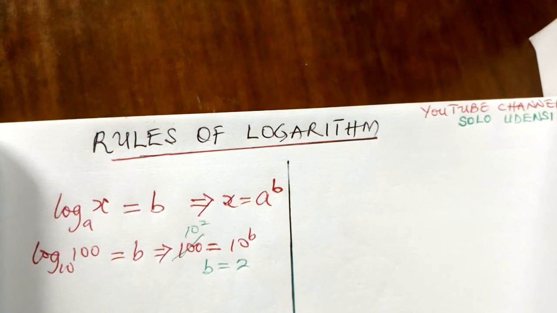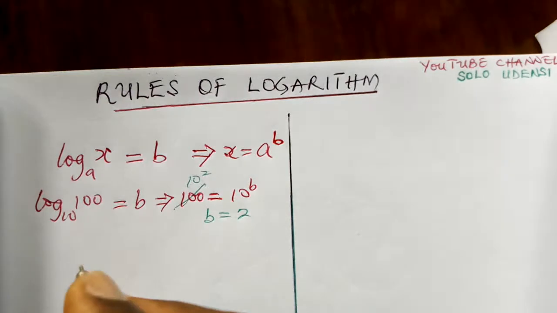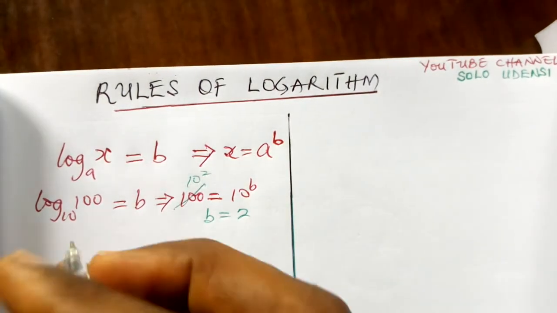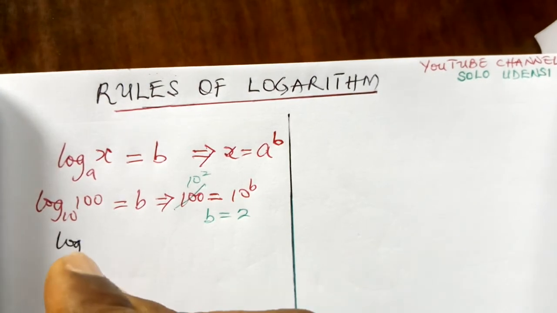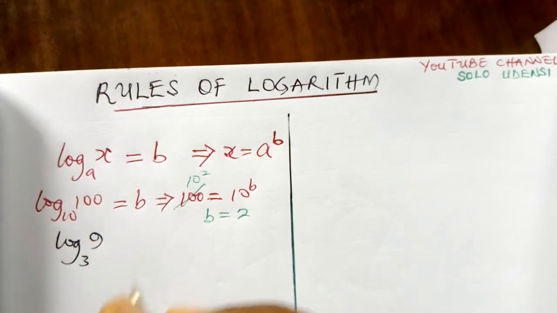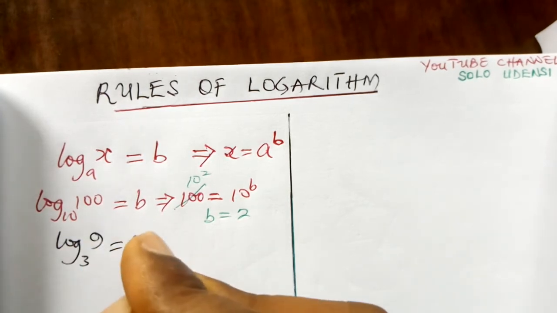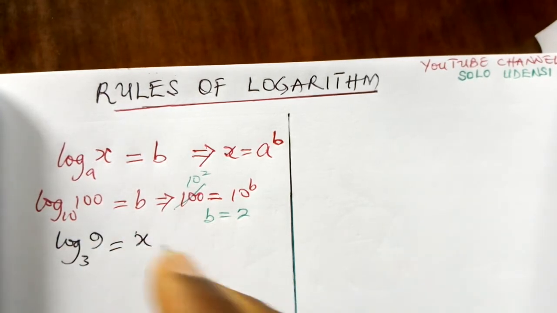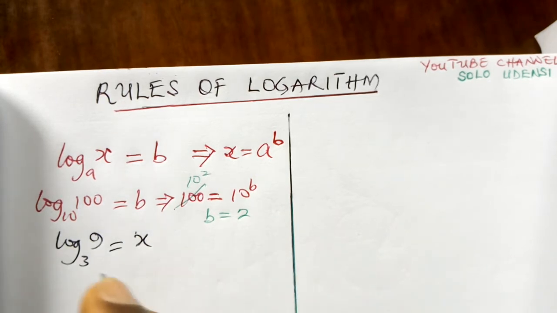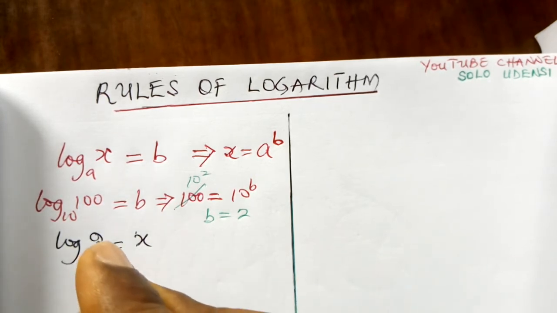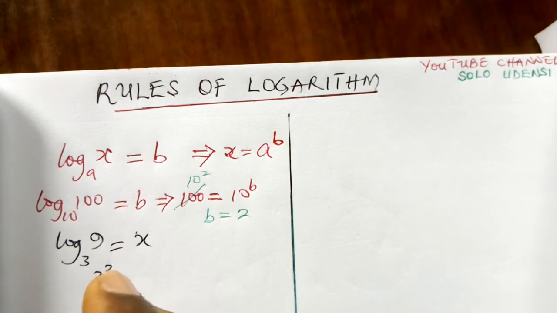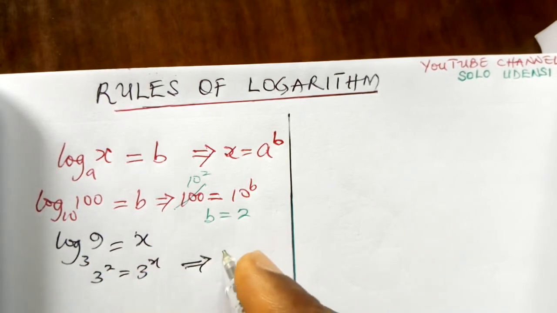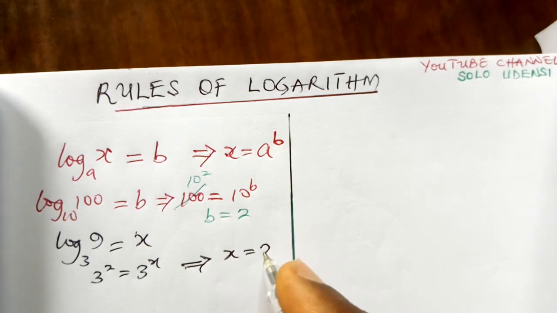So that's it. Also, if we have something like log 9 base 3, and we say it's equal to x, that means 9 is 3 squared, which is equal to 3 raised to power x, which implies that x here is also equal to 2.